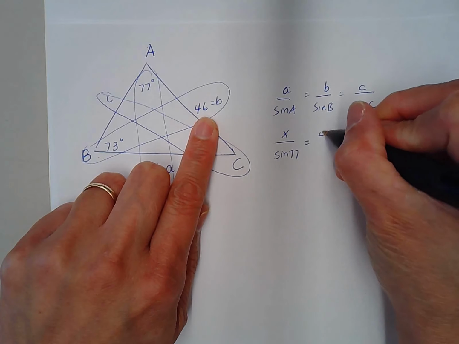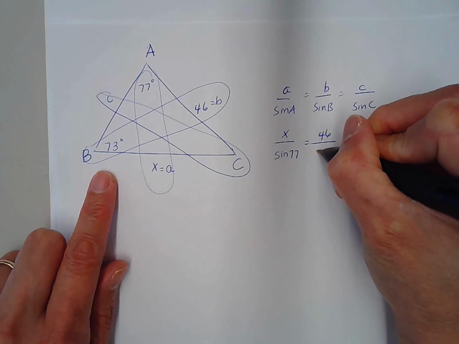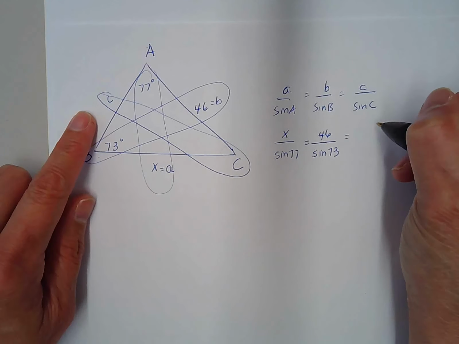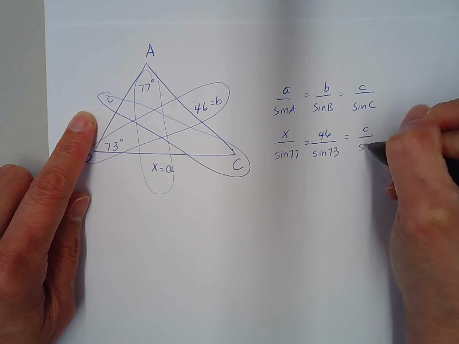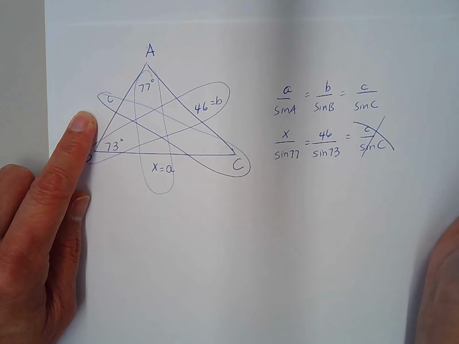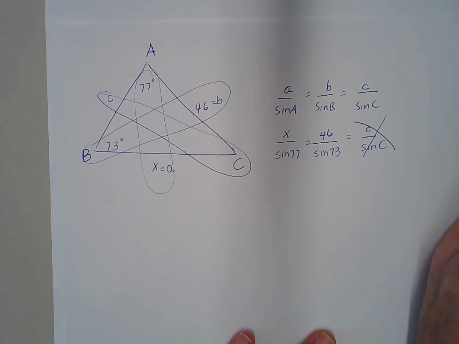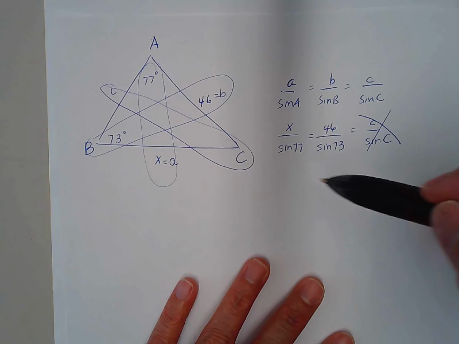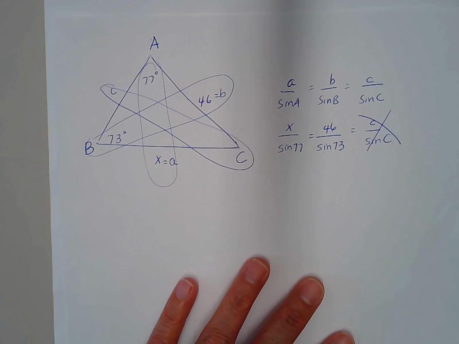B is 46 divided by the sine of 73. And then C would be over sine C. We don't care about that one. That's how it would work if I label it that way.